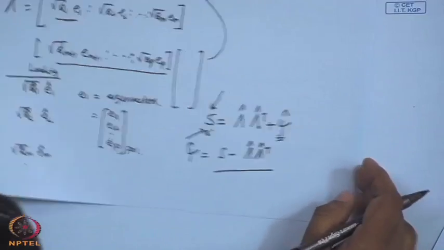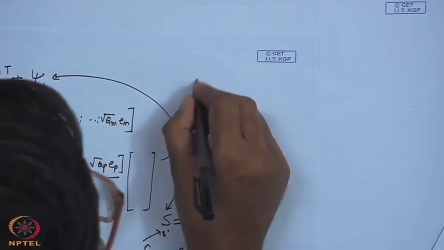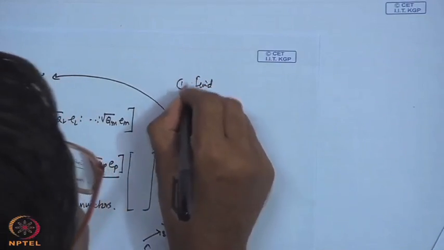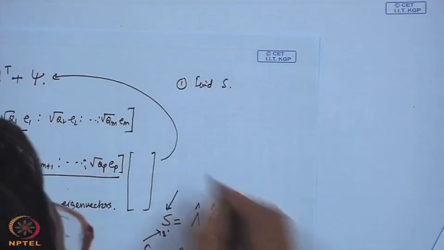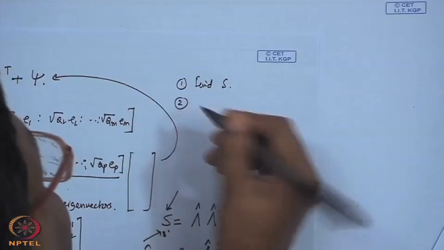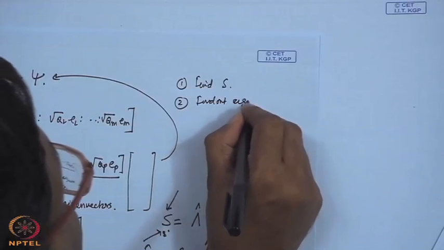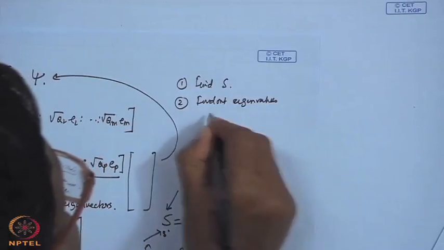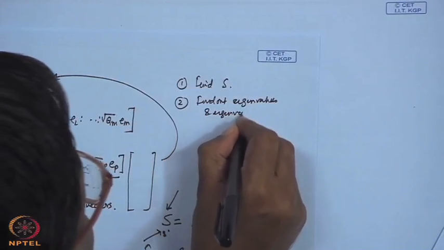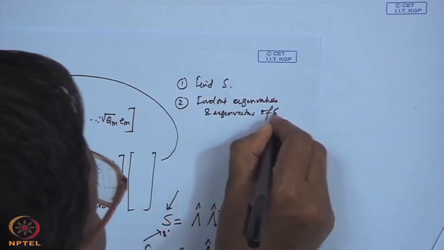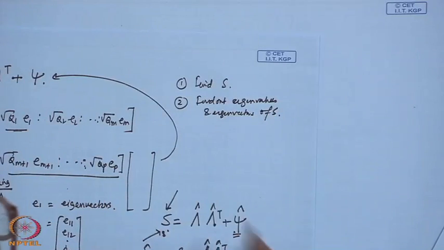Then what are the steps? Steps are: the first step is find S, the second step is find the eigenvalues and eigenvectors of S. Okay.